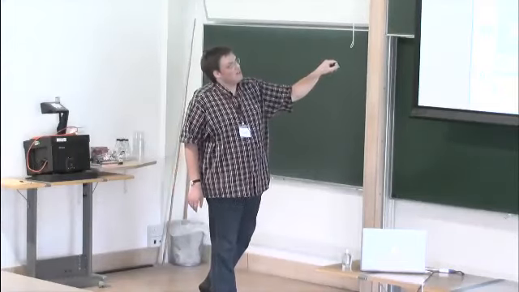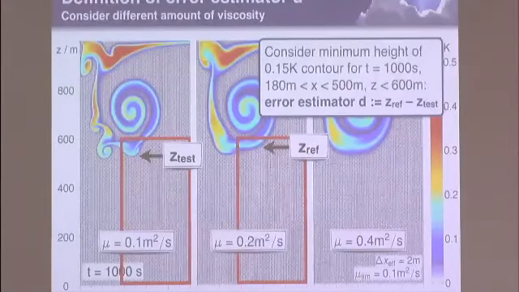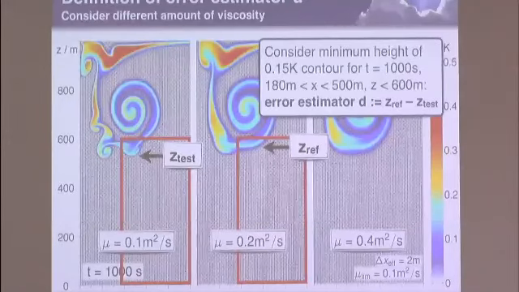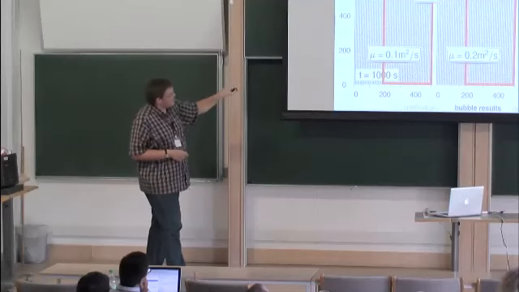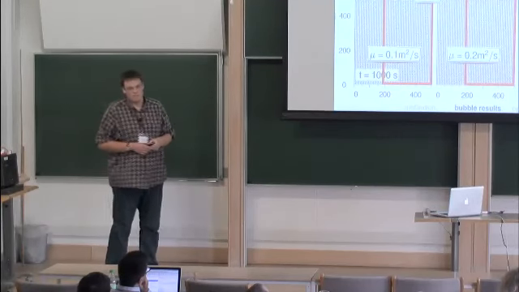And vertically, I consider heights up to 600 meters. For the error estimator, I now use the difference between this height in the slightly increased viscosity result and the result that I want to test.